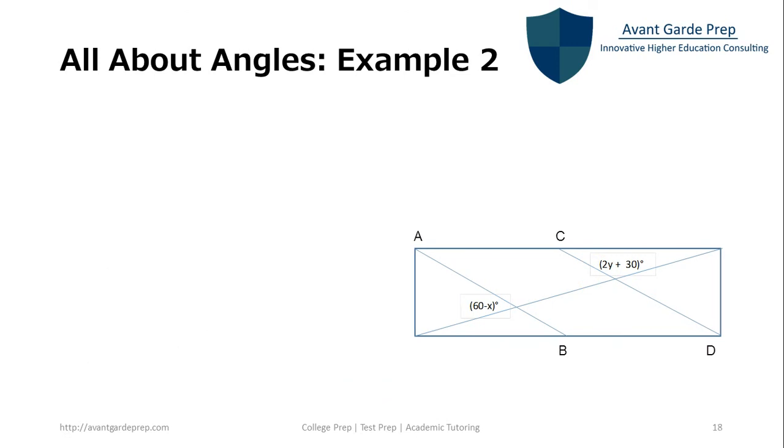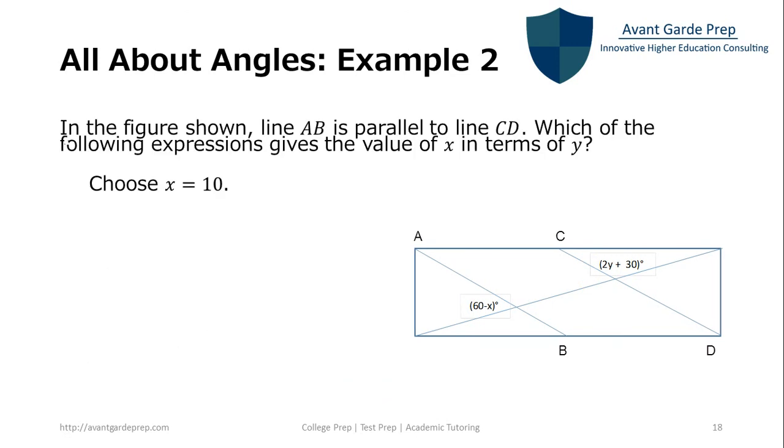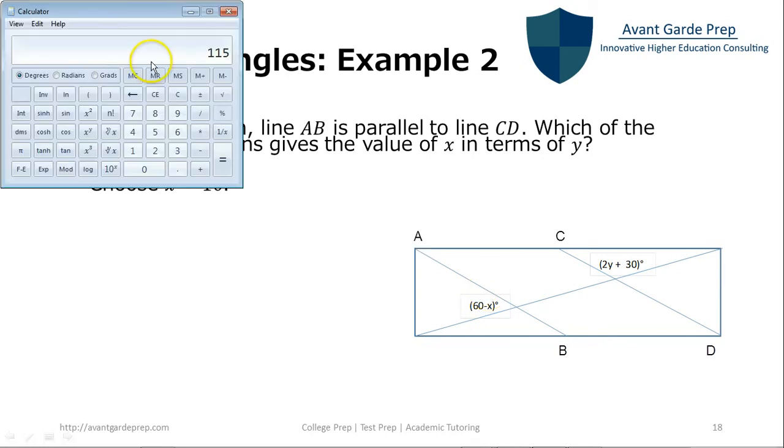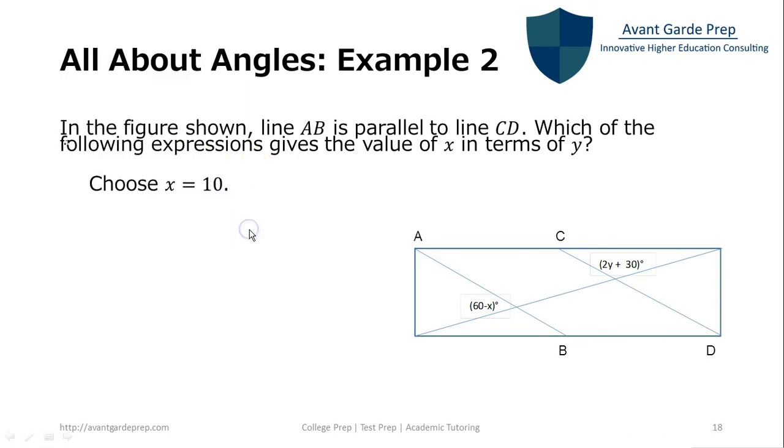We begin by selecting a value for x. Here we can choose x equals 10. Since x equals 10, we can plug it into this equation here and find the value of this acute angle. So here we'll do 60 minus 10, and that's going to equal 50 degrees. So we know that this angle is 50 degrees.